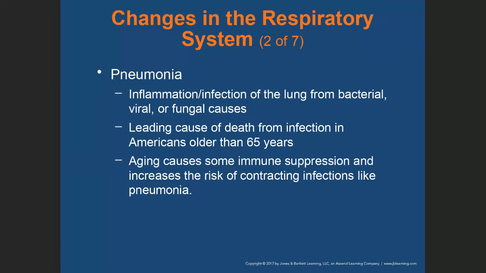Pneumonia: inflammation or infection of the lung from bacterial, viral, or fungal causes. It's a leading cause of death from infection in Americans older than 65 years. Very common in Jamaica as well. Aging causes some immune suppression and increases the risk of contracting infections like pneumonia.